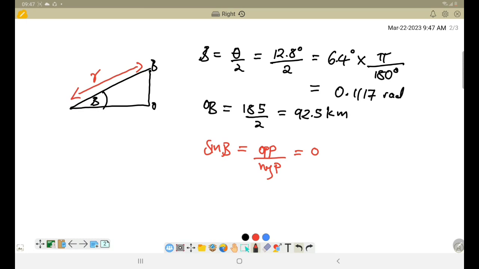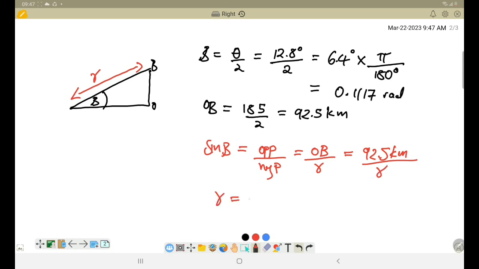Opposite that angle is OB divided by R, which OB is 92.5 kilometers over R.